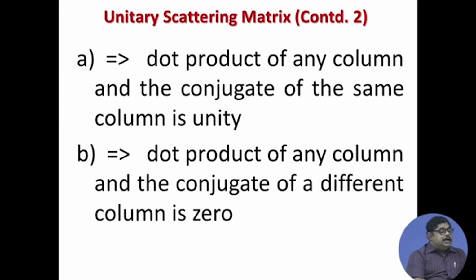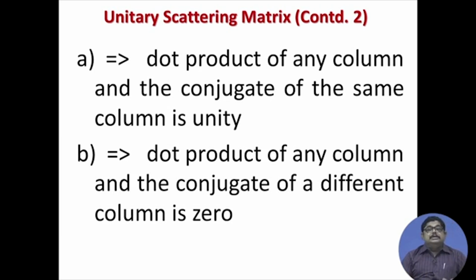So, we are saying the dot product of any column and the conjugate of the same column is unity, dot product of any column and the conjugate of a different column is 0. So, both the things should be simultaneously satisfied. If any of them is violated, it is not a unitary scattering matrix, that means the network is not lossless.